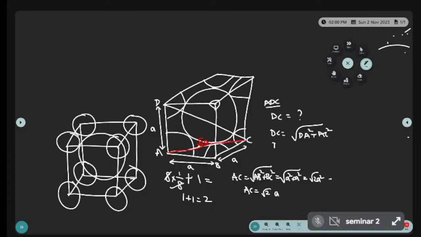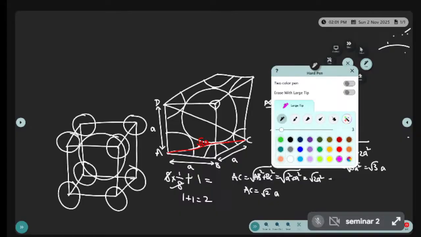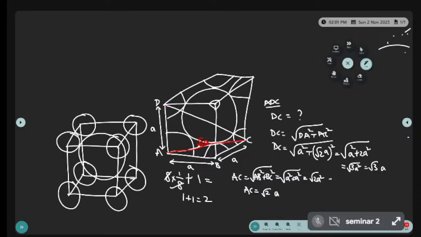DA is A square, and AC is root 2A whole square. This will be A square plus 2A square, which is equal to root 3A square, which is root 3A. So DC is root 3A.